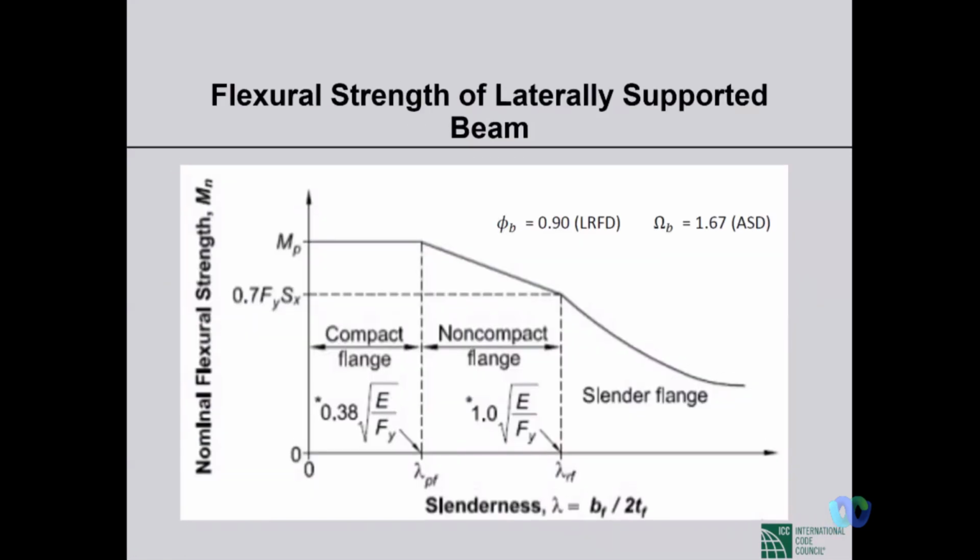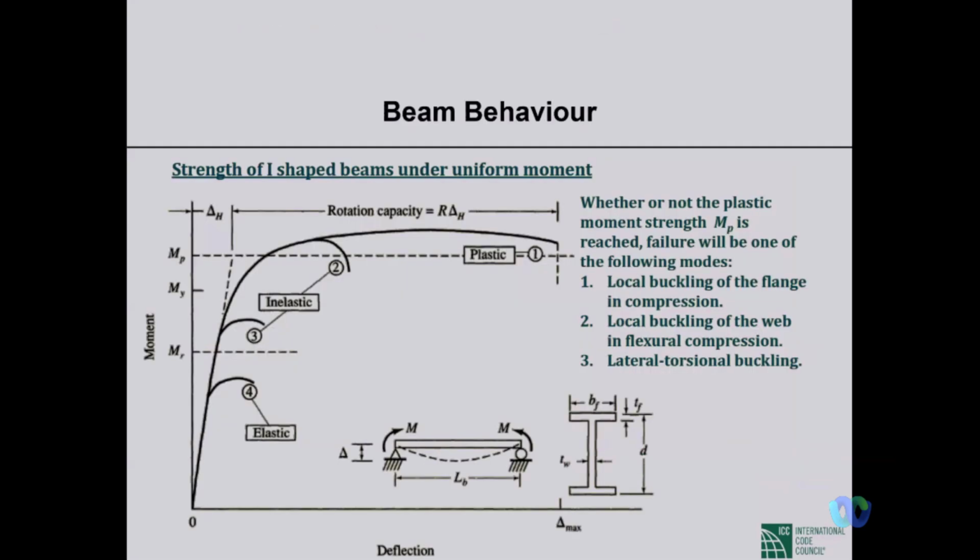Depending on these limits, we'll have different formulas. Now we have to think of another thing: what would be the moment rotation or moment deflection scenario for different cases. We talked about elements. Now we're talking about the whole section. In some cases, we can reach a complete plastic stage, so we'll have large ductility and high moment capacity.